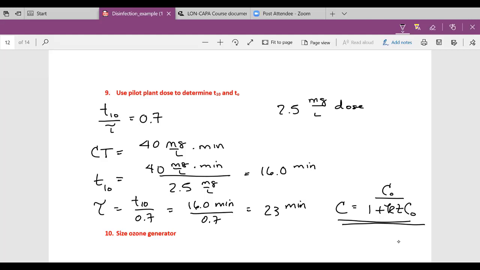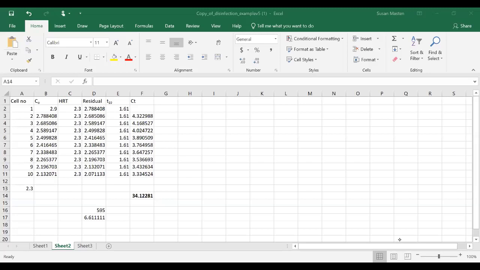So I'm going to switch to an Excel spreadsheet, and we'll look at this Excel spreadsheet.